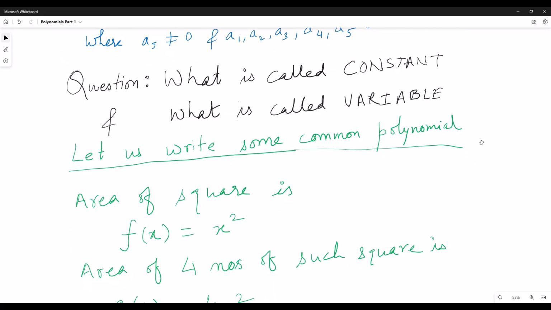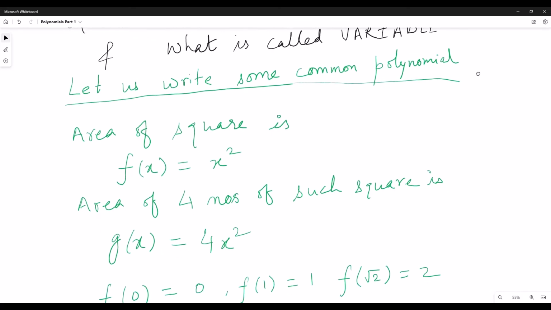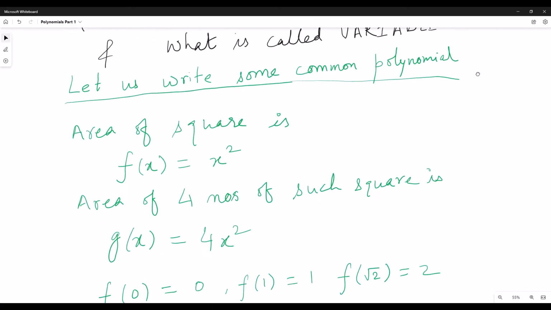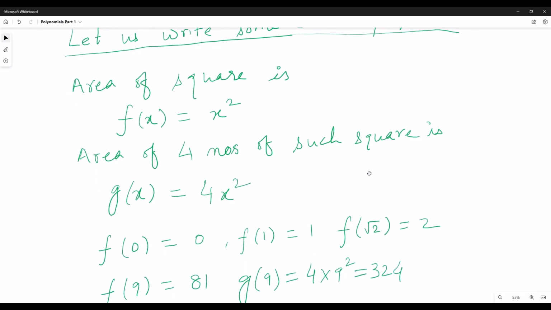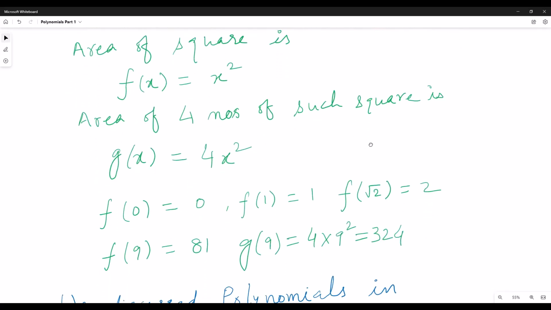Let us write some common polynomials. Like the area of a square is f(x) equal to x square. The area of 4 such squares is 4x square. Right? That we discussed earlier also. The area of a square with each side as 0 is 0.